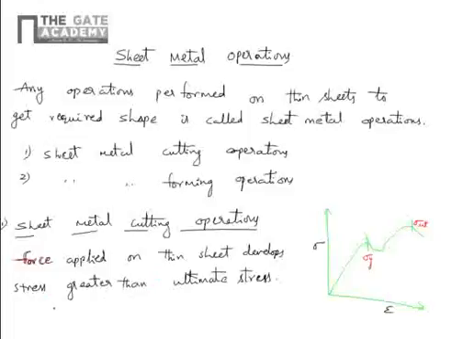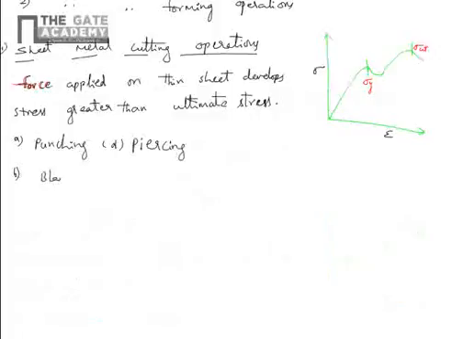So applied stress is greater than ultimate stress. This is cutting operations. Here again two types. One is punching or piercing, making holes. Another one is blanking, making blank pieces. Punching and blanking both are cutting processes.